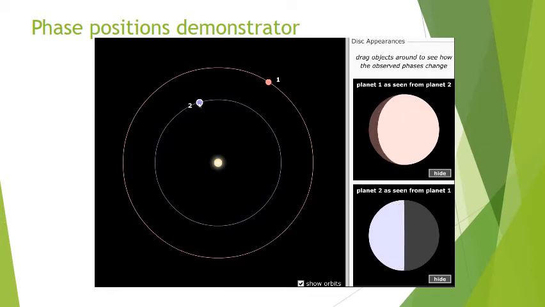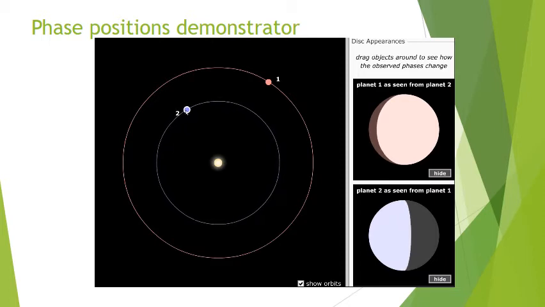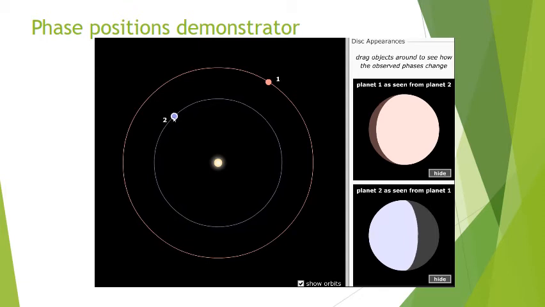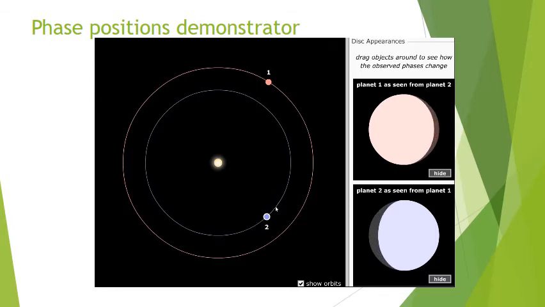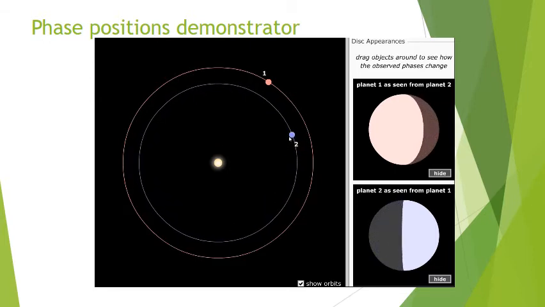And notice when Venus gets to this position, now it's getting into gibbous Venus. And again, this is only possible in the heliocentric model when Venus is between the Earth and Sun. So eventually you get to full Venus, gibbous Venus, and then back to crescent Venus.